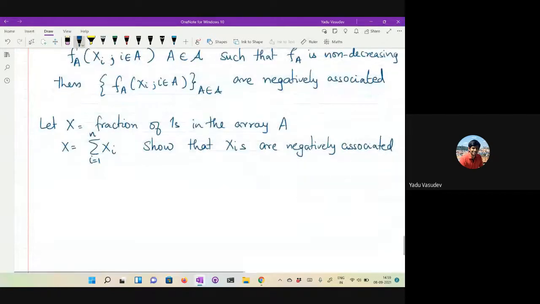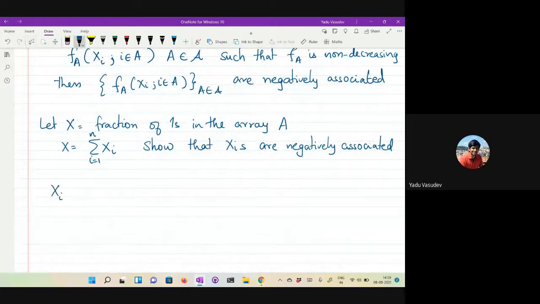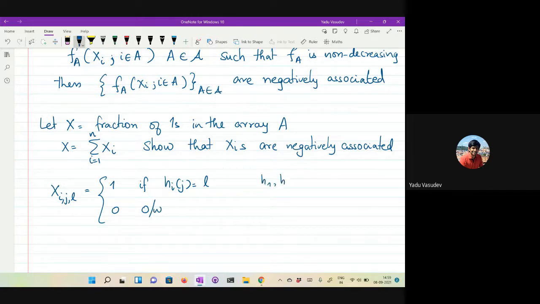To do that, let's first define a random variable x i comma j comma l. This random variable is an indicator random variable. It's 1 if h_i of j is equal to l, and 0 otherwise. Recall that in the Bloom filter you had these functions h1, h2 up till hk.